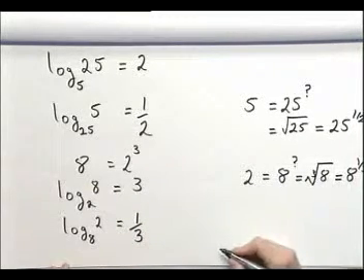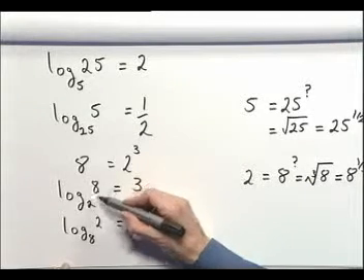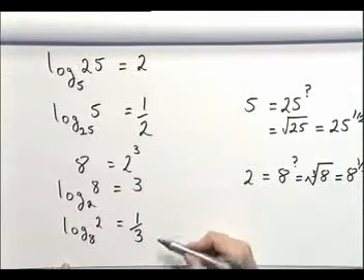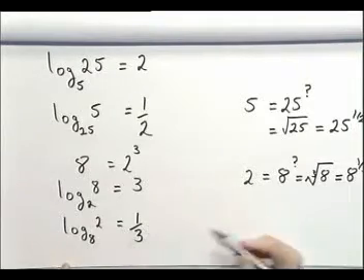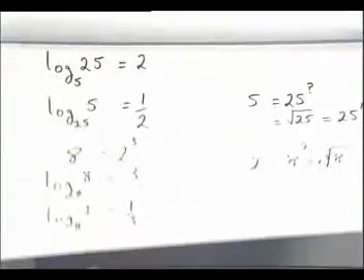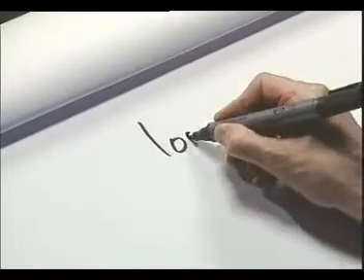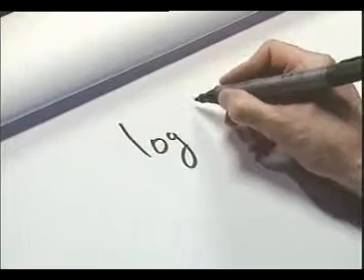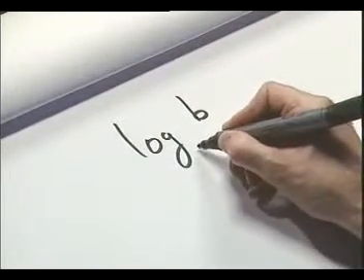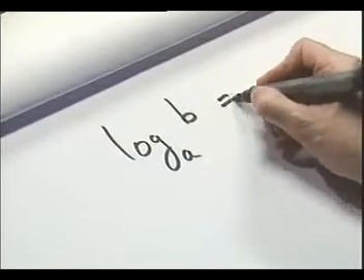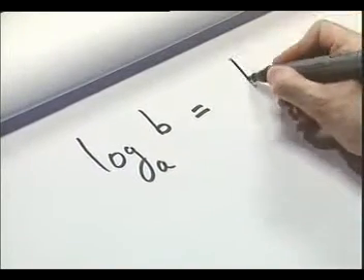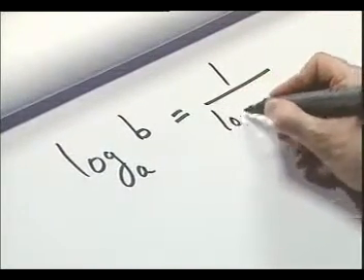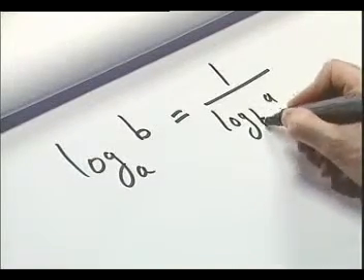And so we see again that by interchanging the number and the base, we get 1 over the original logarithm. And that's true in general. I haven't proved it by showing you those two examples, but I have been able to demonstrate it. And that is true in general, that if we have the log of b to base a, then that is equal to 1 over the log of a to base b.